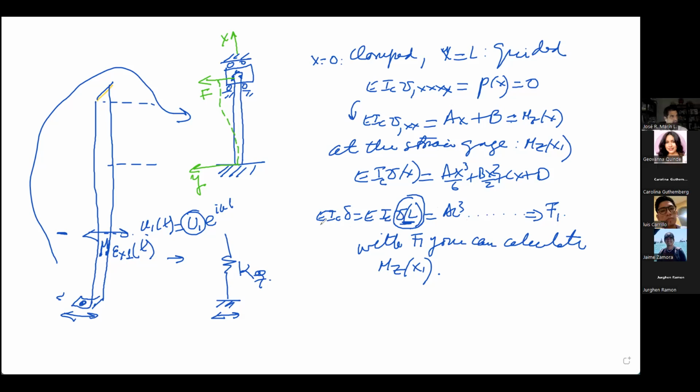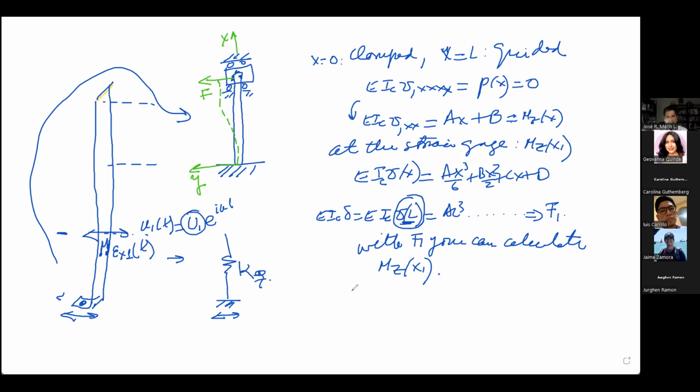You have the Young's modulus of the steel, you know the inertia, the length, so you know everything except F1. With F1, you put it in here, you can calculate the bending moment. Now what, Mr. Ramon? What next? Can you help us? What do we do next?